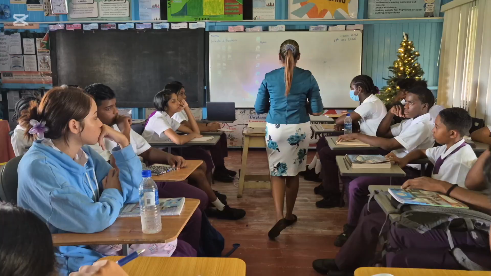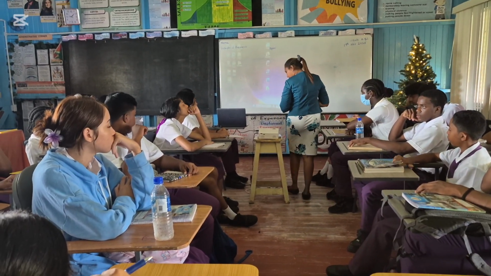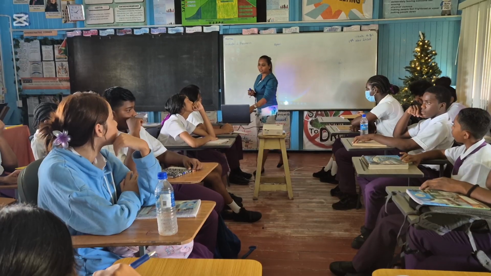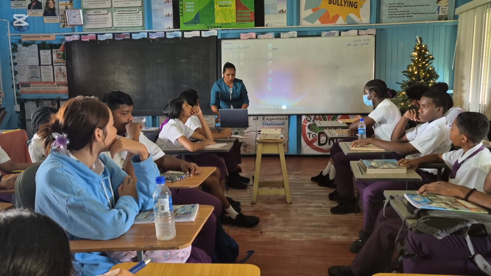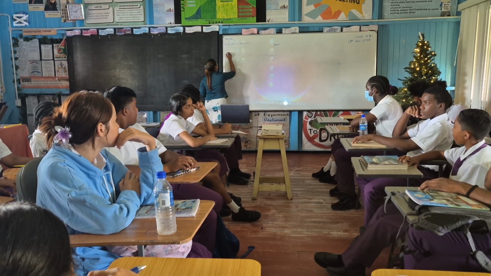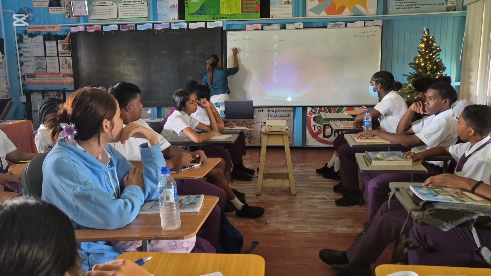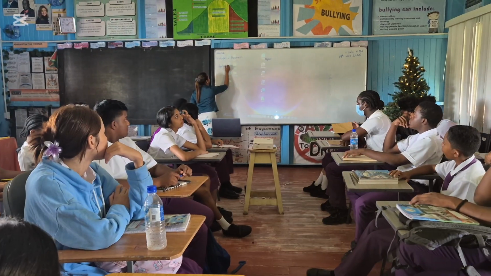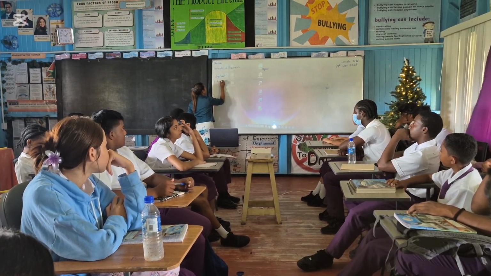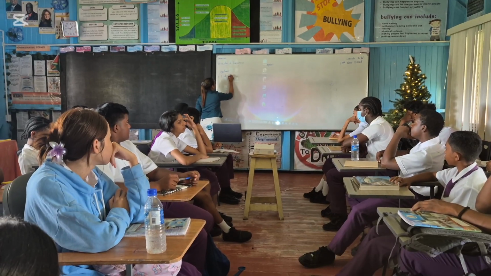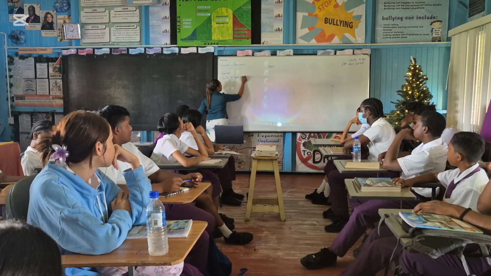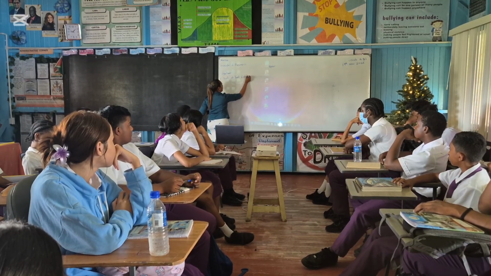Good. So before we get into today's lesson, at the end of today's lesson, we will be able to list at least 6 stakeholders of a business. The objectives for today's lesson are, please write this in your book.